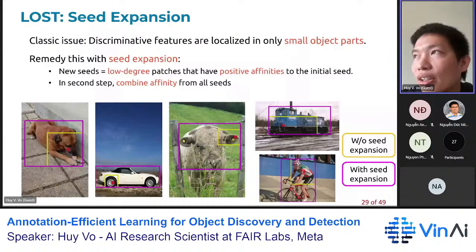I think the difference between unsupervised discovery and Segment Anything is the difference between supervised learning and unsupervised learning. In Segment Anything, they actually use labels, and there's a significant annotation effort to produce them.